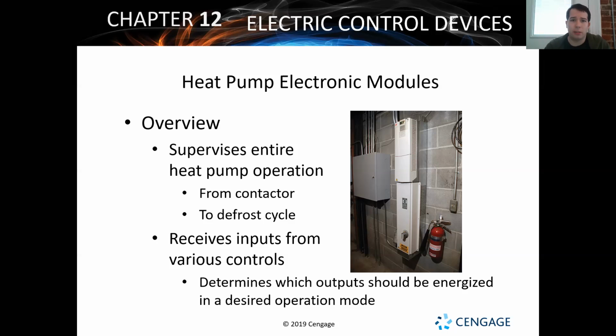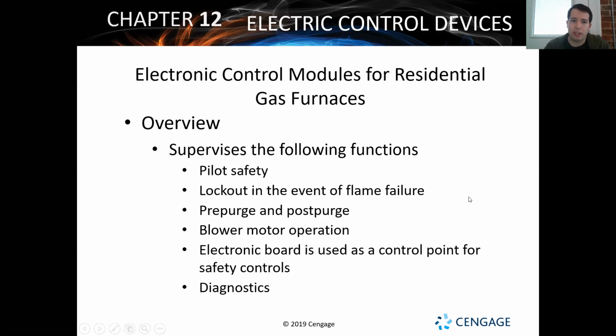So again, these modules receive input from a lot of different controls and devices. So we've got gas furnaces. You'll learn more and more about these modules when you get into the gas furnace class, HVR155. These will control all sorts of factors.